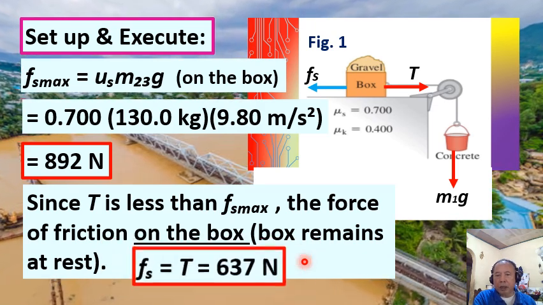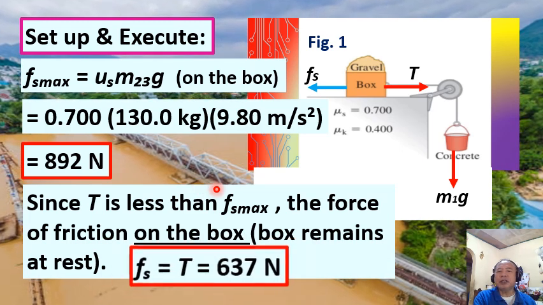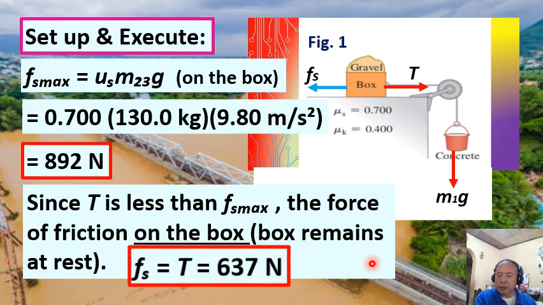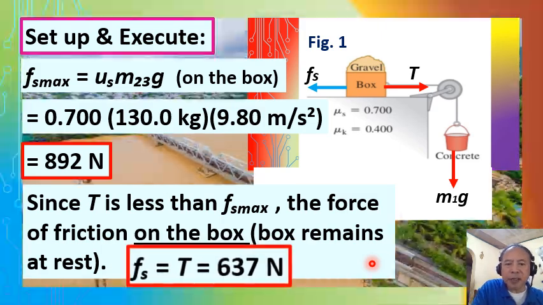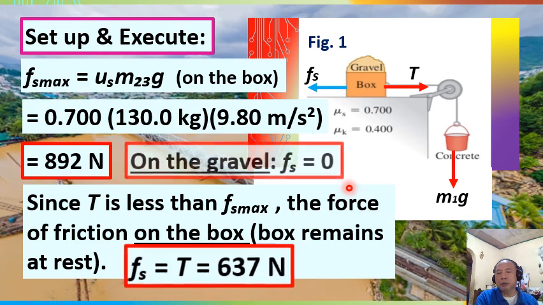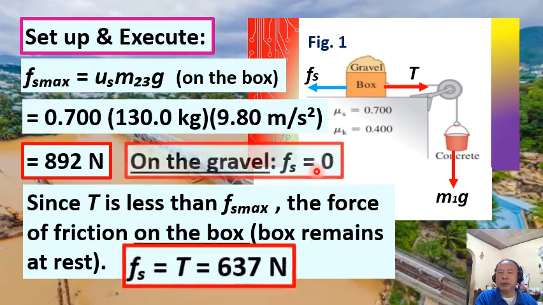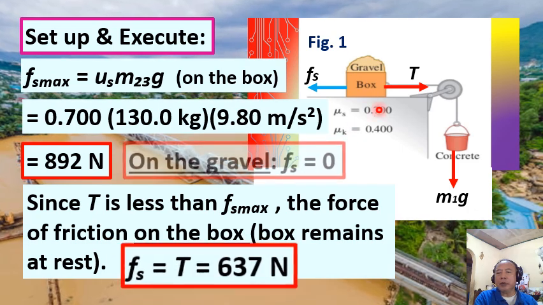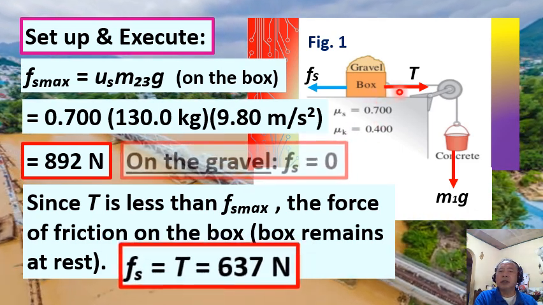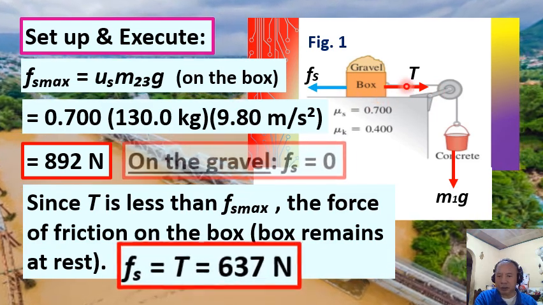And for the friction force exerted on the bag of gravel, we say that that force of friction is equal to zero, right? Why is it equal to zero? We know that the applied force or tension force is exerted only on the box.